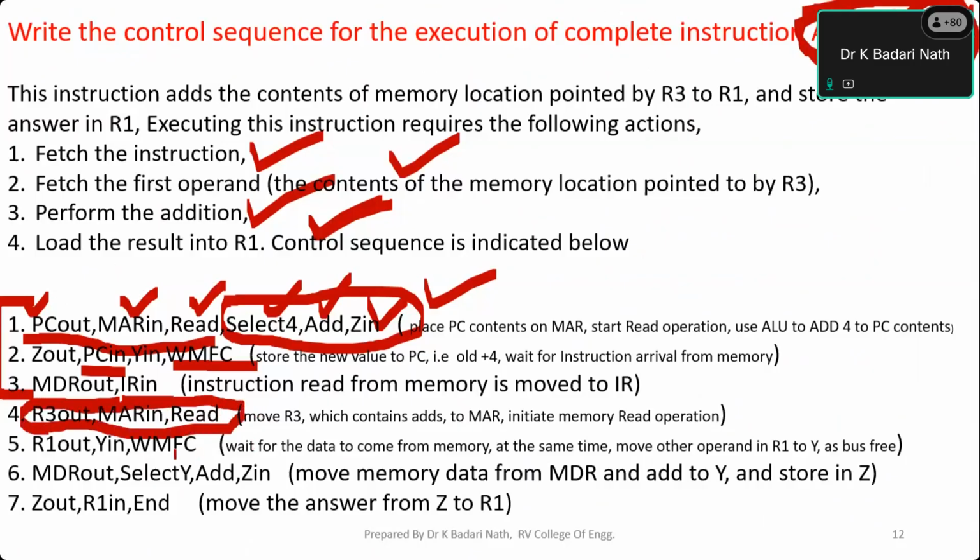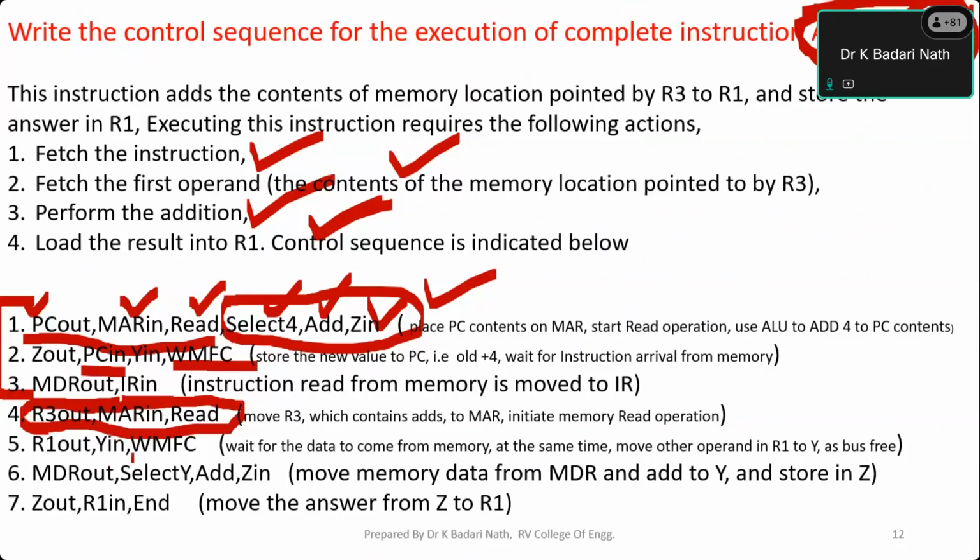What is available on the address bus is nothing but R3 contents. You have initiated the operation for reading it, but during that time your bus is empty. That is, you have finished this operation.